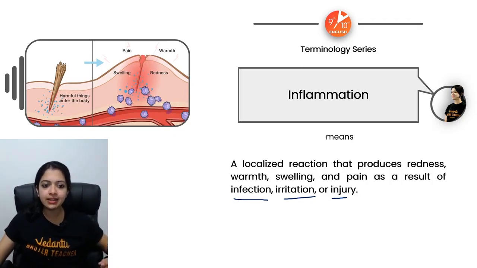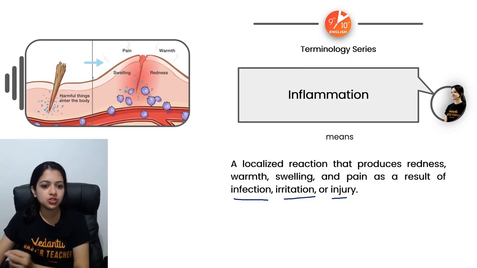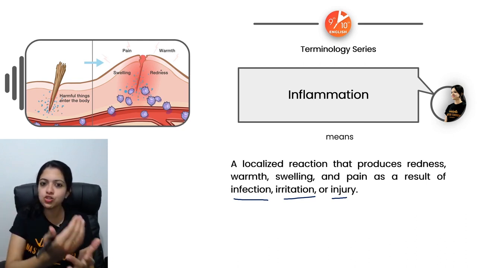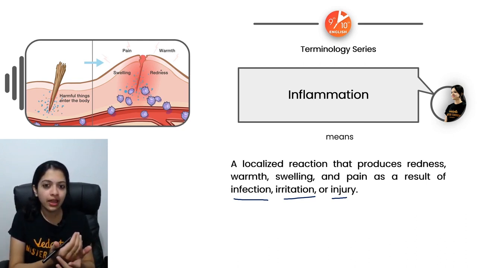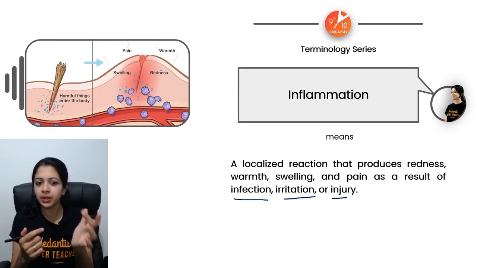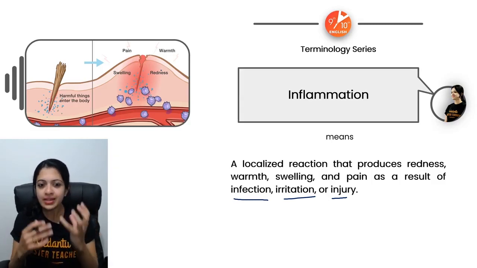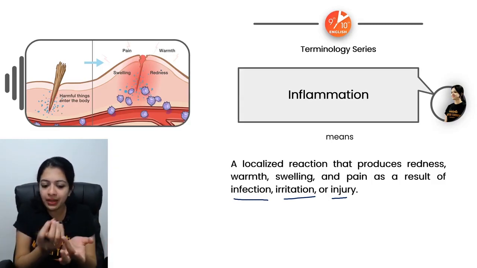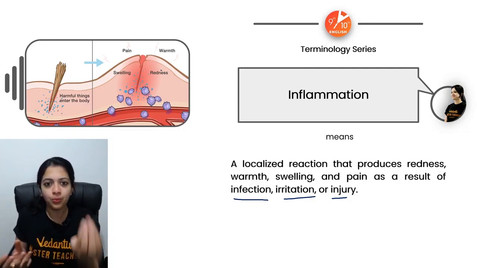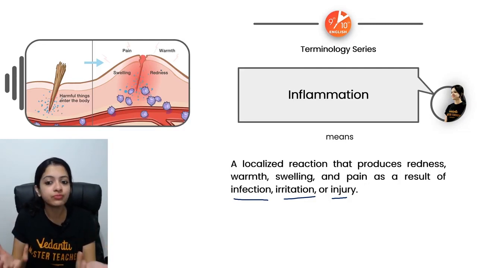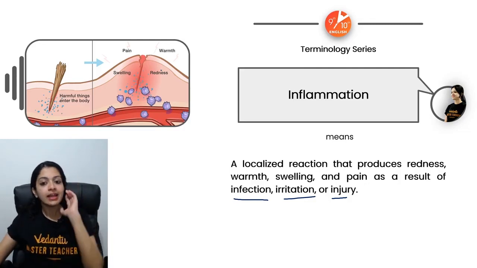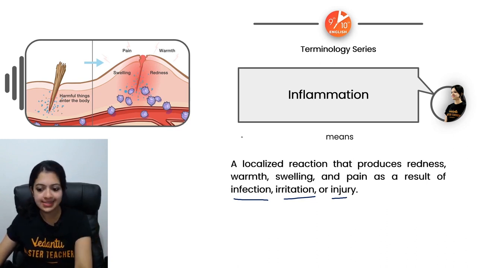So as you can see here, the harmful things are entering your body, and you would see right next to it a small swelling up and redness and rashes, and it would also be slightly warm to the touch. If it's really small in area, you wouldn't be able to feel that warmth, but some people would have experienced it as well. You might feel some heat from within as well whenever there is a swelling and redness and inflammation, as we call it, right? This is what inflammation is.